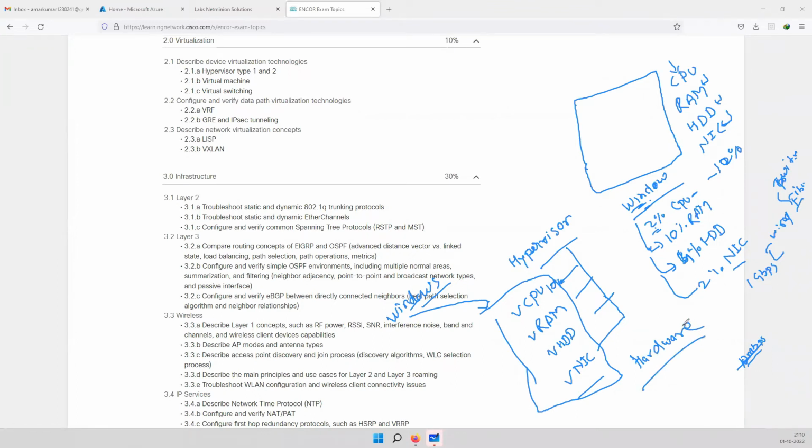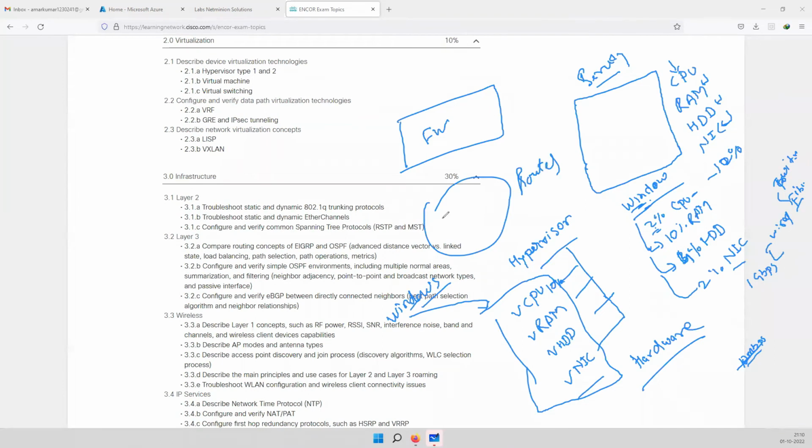So this is not only limited to the server. Virtualization is one of the famous techniques that can happen anywhere. It is on the server, it could be on the firewall, or it could happen on the router as well.